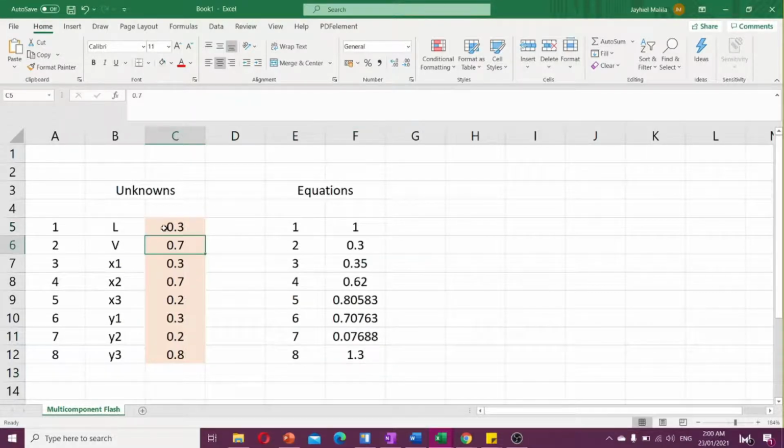I think it would be nice if your L and V are not equal to 1, to really force the problem to be messy. So how are we going to do this? My goal here is to use Solver, but in a somewhat complicated way.